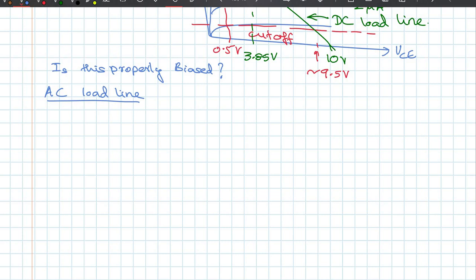There are two capacitors in this circuit, the input capacitor and the emitter bypass capacitor in the emitter circuit. Now when you choose these capacitors, whatever the capacitor you choose, they act as open circuits for DC voltages, because omega equals 0. So 1 over j omega C becomes infinity.